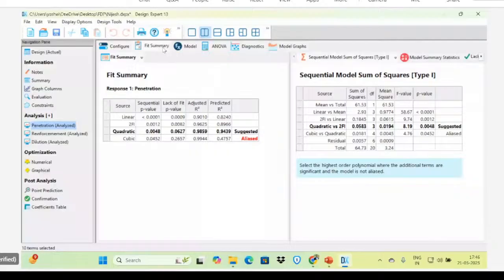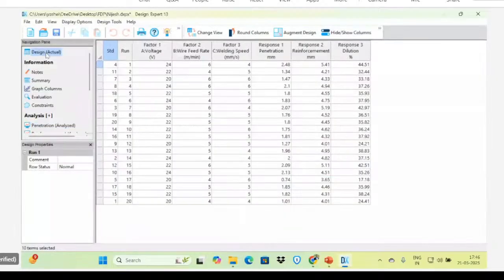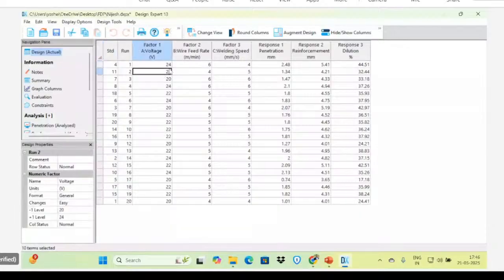If we are selecting, we are not getting every parameter. Suppose from 22 to 24 there are n number of possibilities. Suppose we have taken just one voltage in between. But if we are saying 20.5 voltage, and wire feed rate of 5.5 meter per minute, and welding speed of 5.5 per second, what is our output?